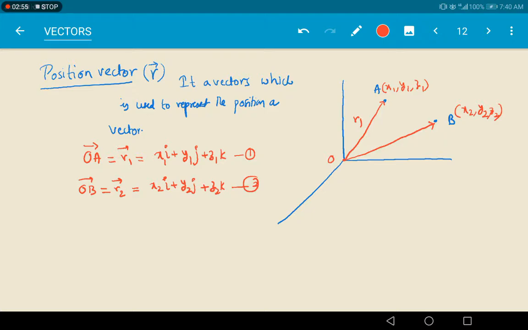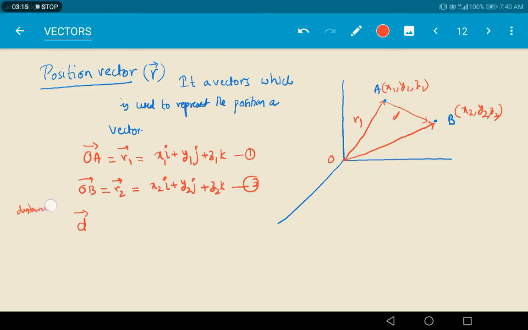Now let us find the distance between the two vectors. This is what I want to find. Suppose D is the distance between them. So D bar is also a vector.